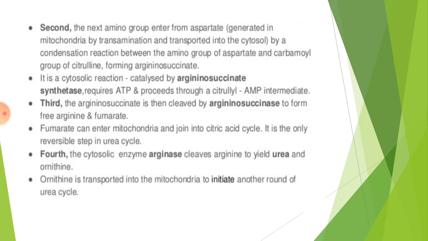The second step of the urea cycle is when the amino group enters from aspartate, which is generated in the mitochondrion by transamination and transported into the cytosol.